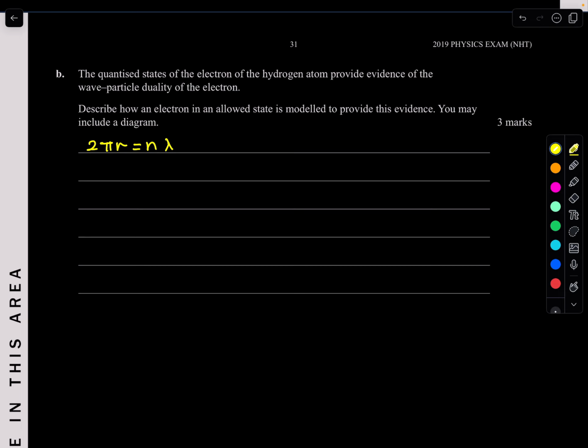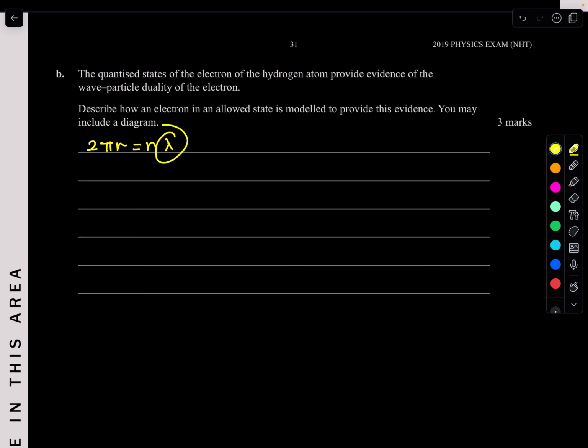This means that only certain, or discrete, wavelengths are able to create a standing wave. Not all wavelengths are able to create a standing wave, only certain values.